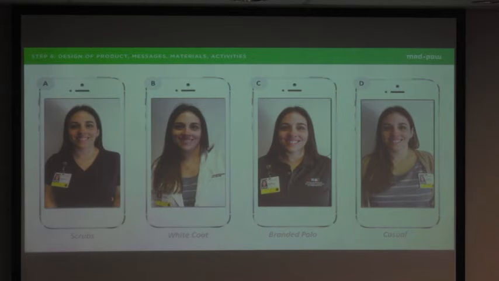And there's this phenomenon of white coat syndrome where your blood pressure raises when you talk to doctors in the doctor's office, and we're like, is this really the right thing? And people actually preferred the scrubs or the white coat for a nurse because it just brought that air of authority, that kind of trust, that credible source. But then for the health navigators, which are more health coaches, they thought maybe the branded polo would be appropriate, since they're not nurses necessarily, but it's still kind of official. So that was an interesting finding where we were glad we didn't go too far off the deep end of being too friendly and too comfortable with folks.